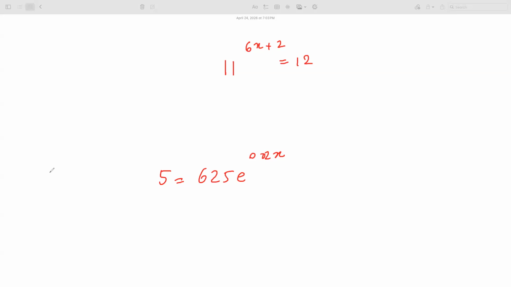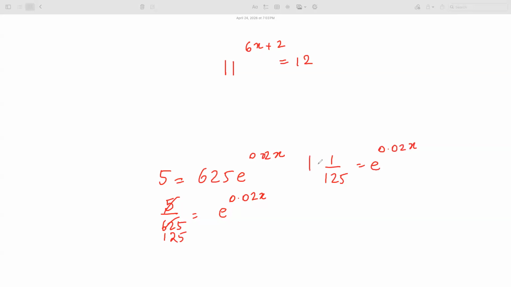You cannot write 625 times 0.02x. So what you need to do is 5 by 625 will be equal to e power of 0.02x. If you want to solve like this as well, you're welcome. You don't have to use the graphing calculator. So 5 by 625 is 1 by 125. So 1 by 125 equals e power of 0.02x.